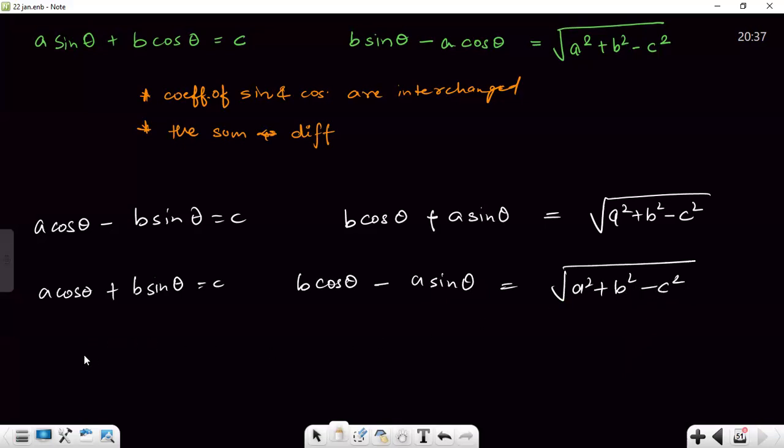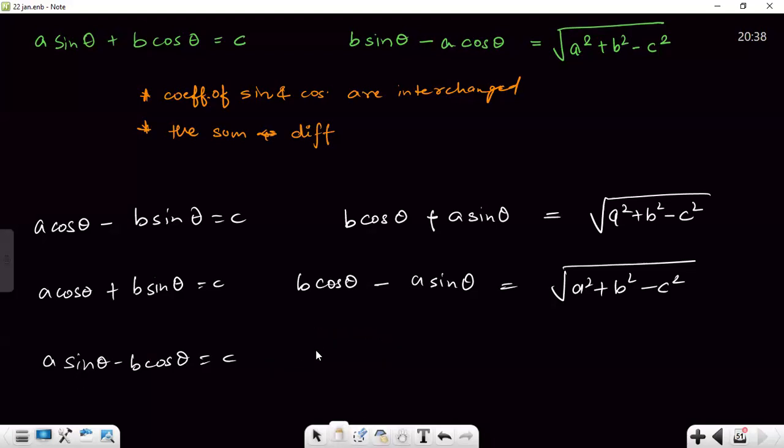One more contingency is there, like if instead of plus there is minus, sin theta minus B cos theta equals C, then A, sorry, should write B cos theta. Sorry, I have made a mistake here.